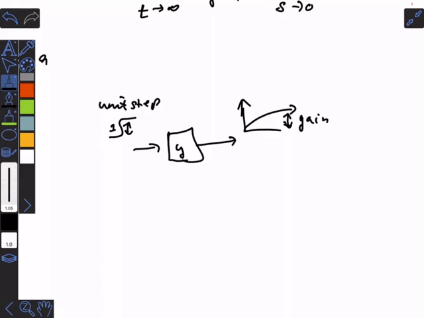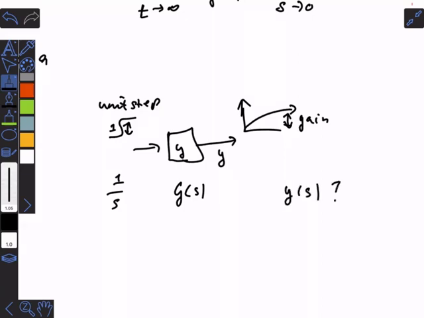So how would I calculate that value? I would say this thing has the Laplace transform 1 over s. This thing has the transfer function g over s. Let's call this y of s; that's what I'm trying to figure out.